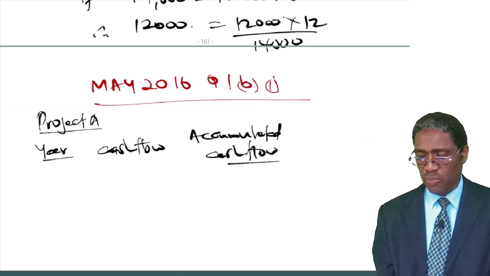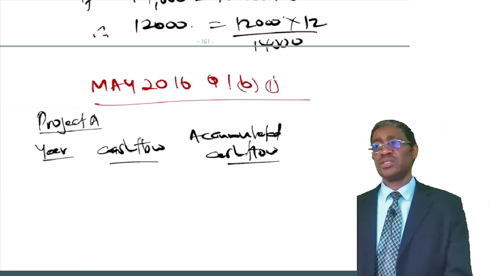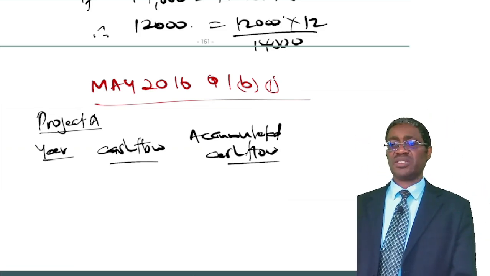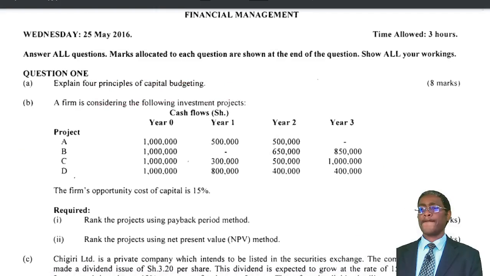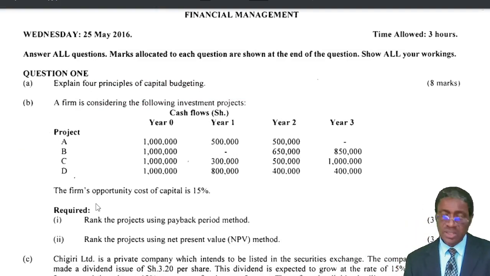Let me go and copy the data for project A. What are they giving us? We have years 1, 2, and 3. Year 1 is 500,000, that's the cash flow. Year 2, another 500,000.